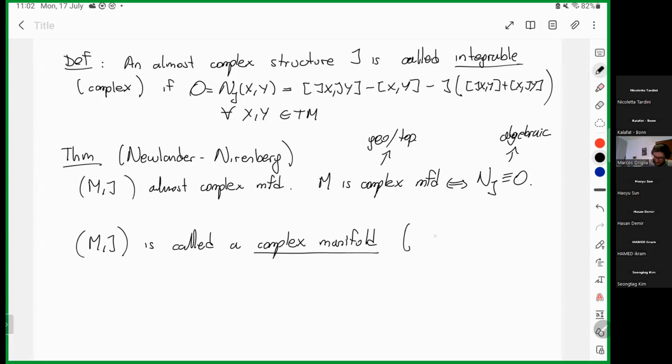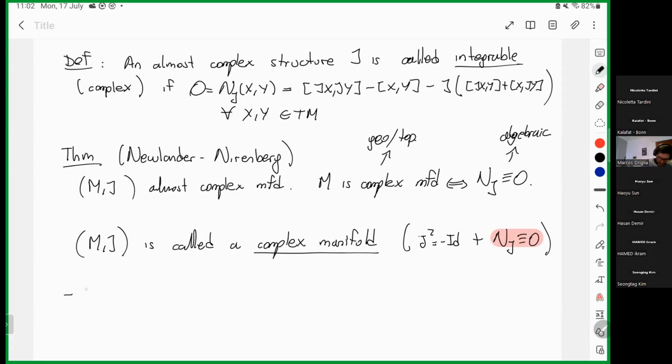It means J squared is minus the identity, so this is almost complex plus this extra condition. Every time we have to check that an almost complex structure is actually complex, we need to check this condition.